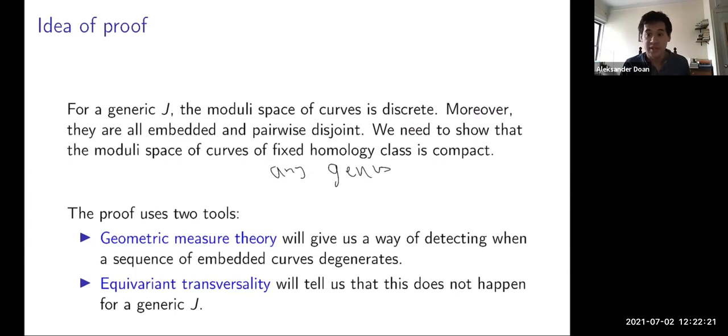And geometric measure theory will provide us tools for studying sequences of J-holomorphic curves of varying genus. So the first step of the proof is using geometric measure theory to find a way of detecting when a sequence of embedded curves can degenerate.